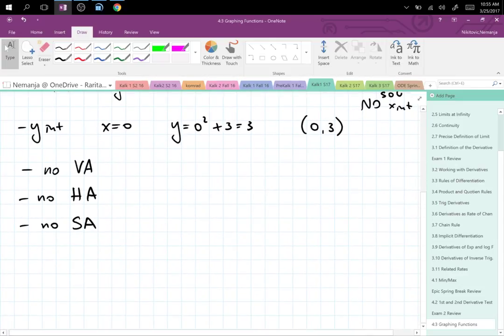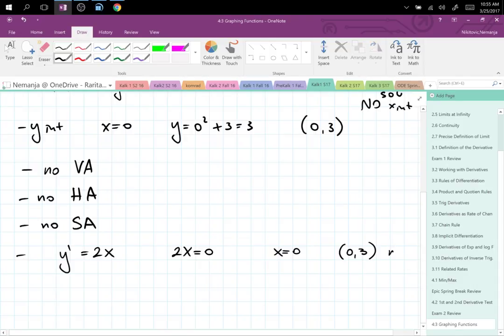The next part is to calculate the first derivative. So y prime is equal to 2x, from where we can do the first derivative test and obtain min, max, and all of that. So let's go with the critical points first. 2x equal to 0, from where I get x equals 0, and when I plug into the original equation, I get (0, 3).